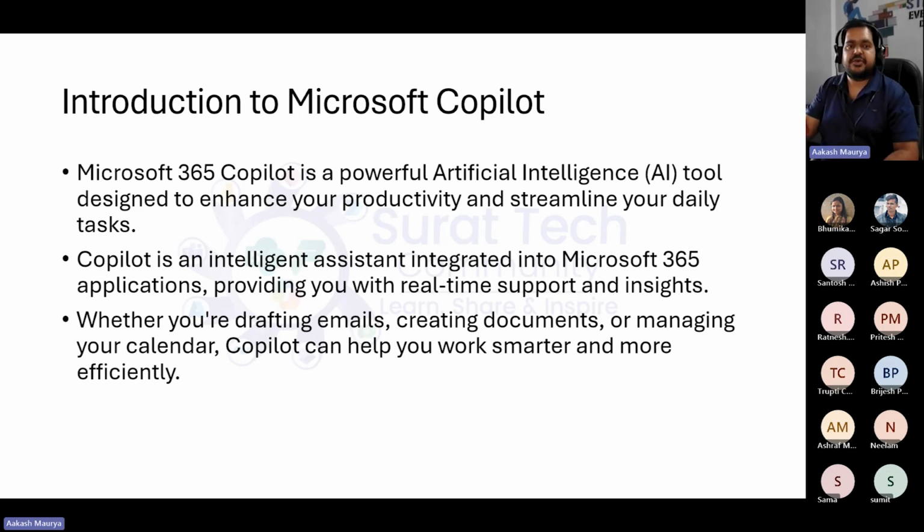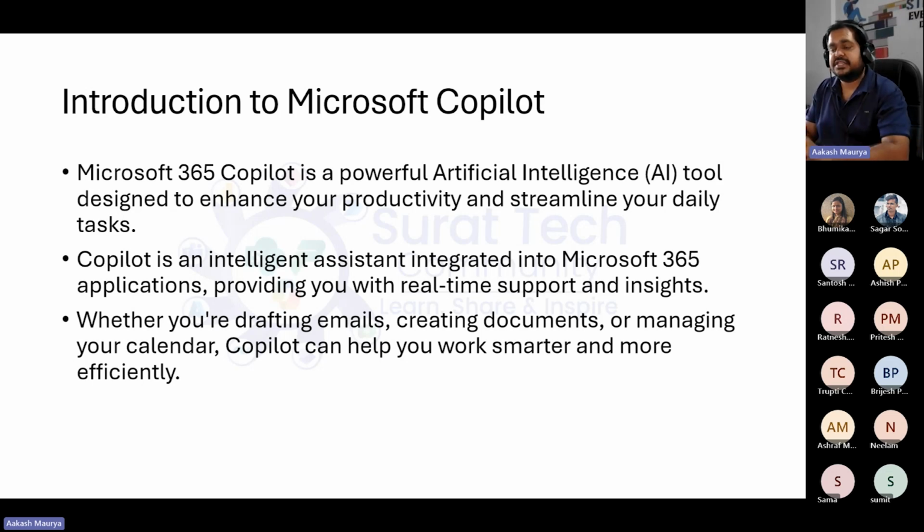Initially, the chatbot will try to answer your question, and if you're not satisfied with that, then they will connect you with an actual salesperson. But that chatbot is limited. Why? Because they have a predefined set of questions and answers. If you ask something different that is not in their questions and answers, the chatbot won't be able to give the answer. But Copilot will solve that problem.